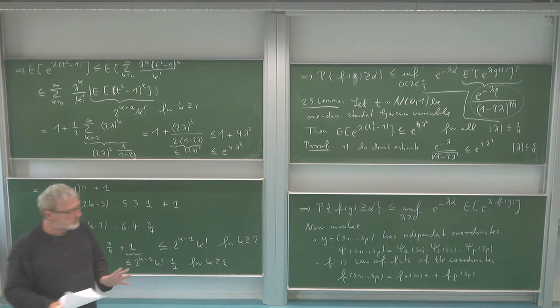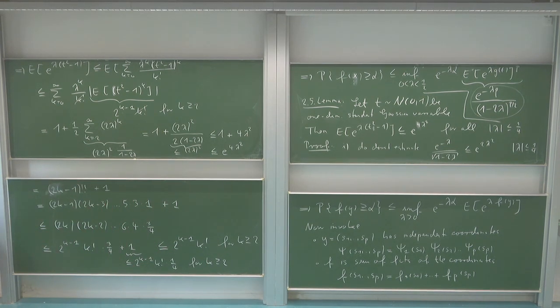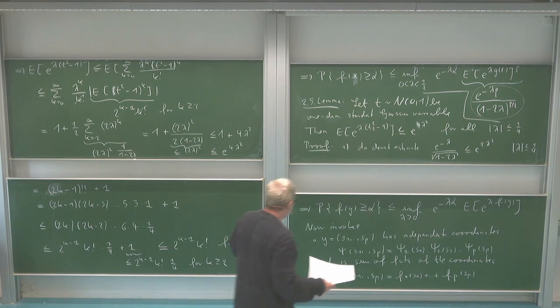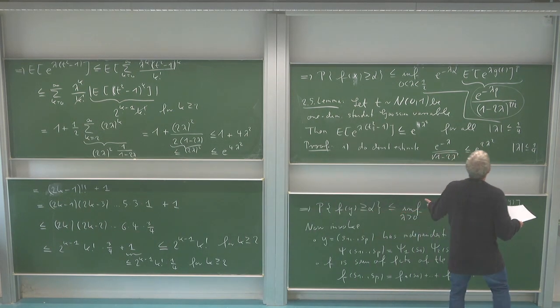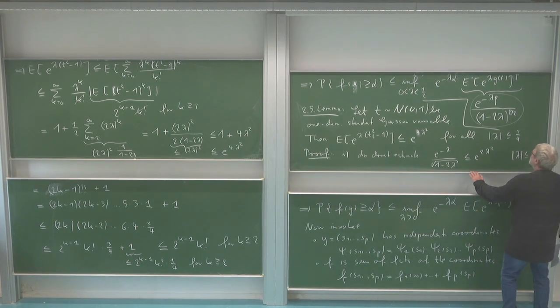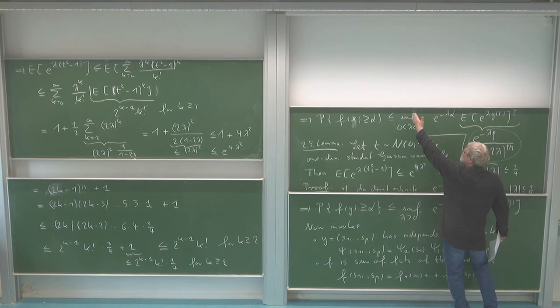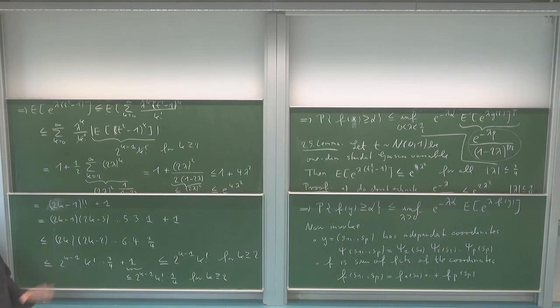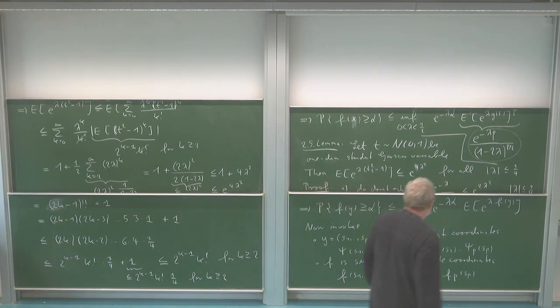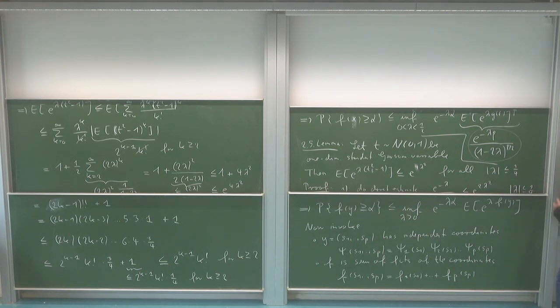Good, but now we have the main estimates together. We really have an estimate for this, and now we can try to get the best value for lambda. Now comes the main step.